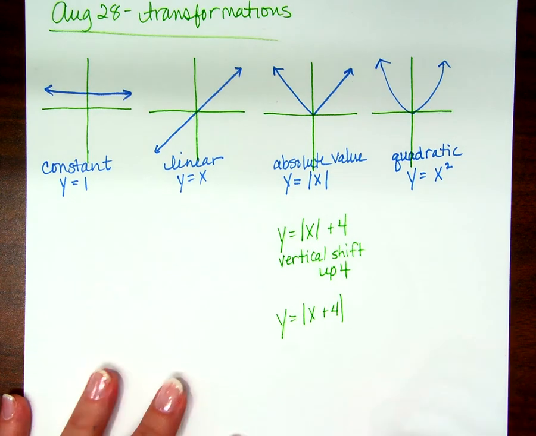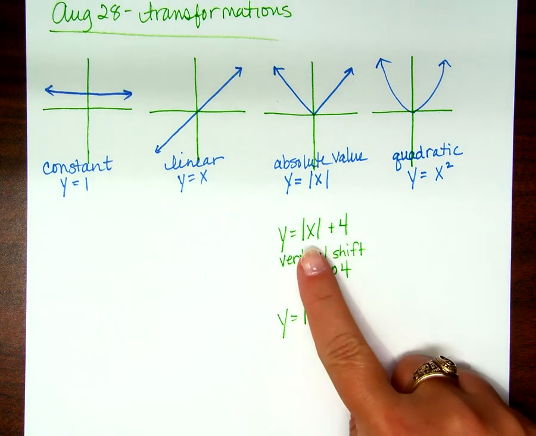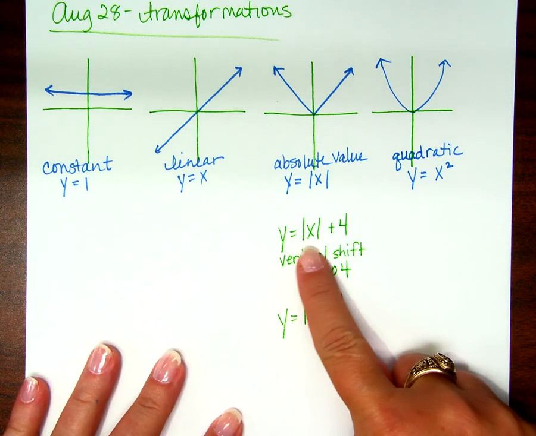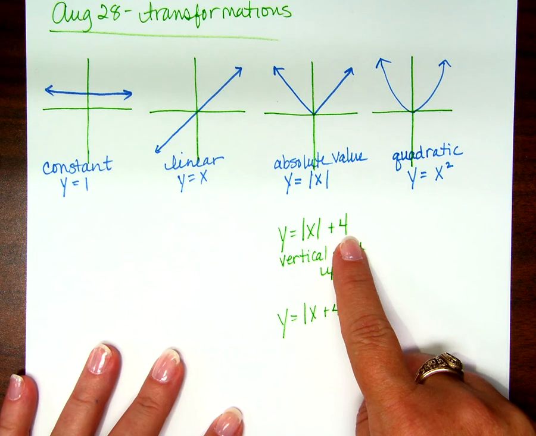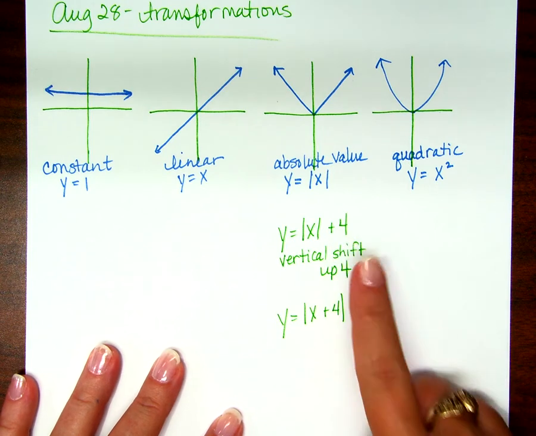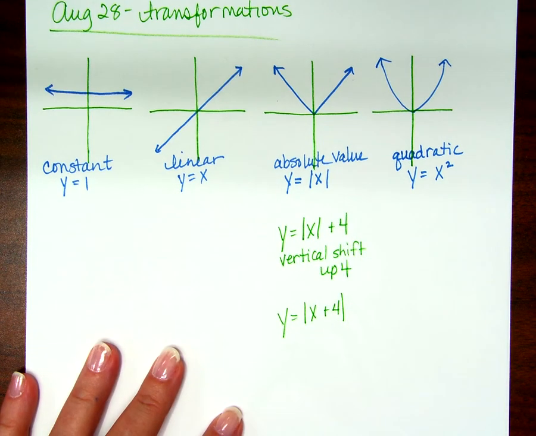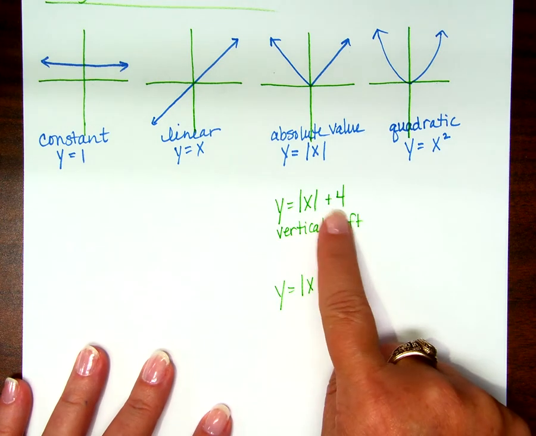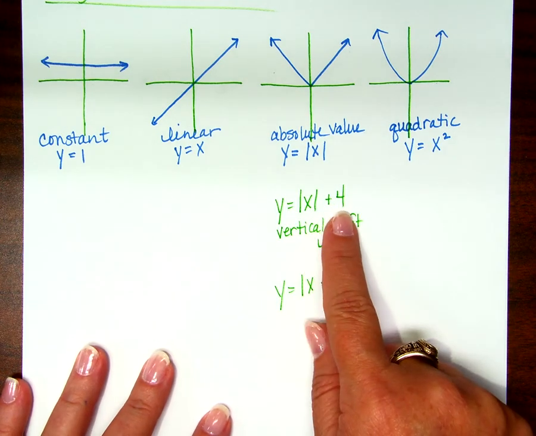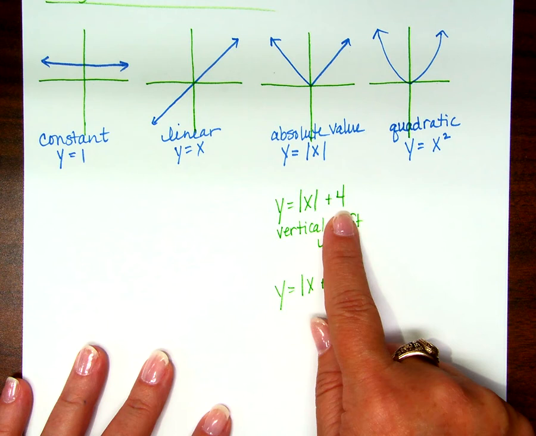So what do you think would happen if I had y equals absolute value of x minus 4? Vertical shift down 4, right? So what's going to happen here? We said this is outside, so it causes a vertical change, in this case a vertical shift.